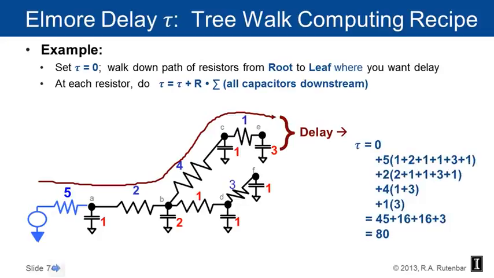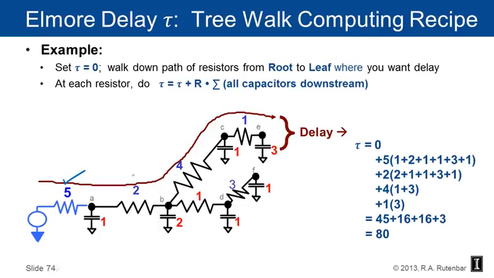The formula says you set tau equal to 0, and then you start walking down the resistors. So you walk down the resistor of value 5, and you add together all the capacitors downstream, which in this case is all the capacitors: 1 plus 2 plus 1 plus 1 plus 3 plus 1.